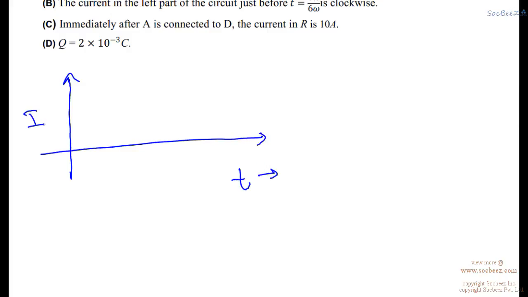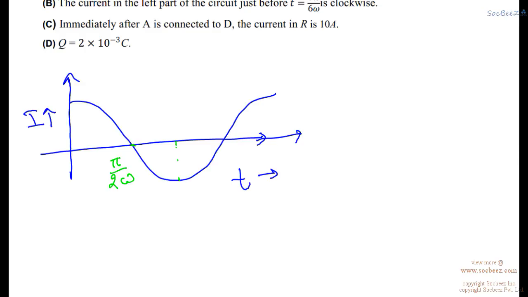Well, here if we draw the variation of current with time, it will look something like this. Here this point is pi upon 2 omega.